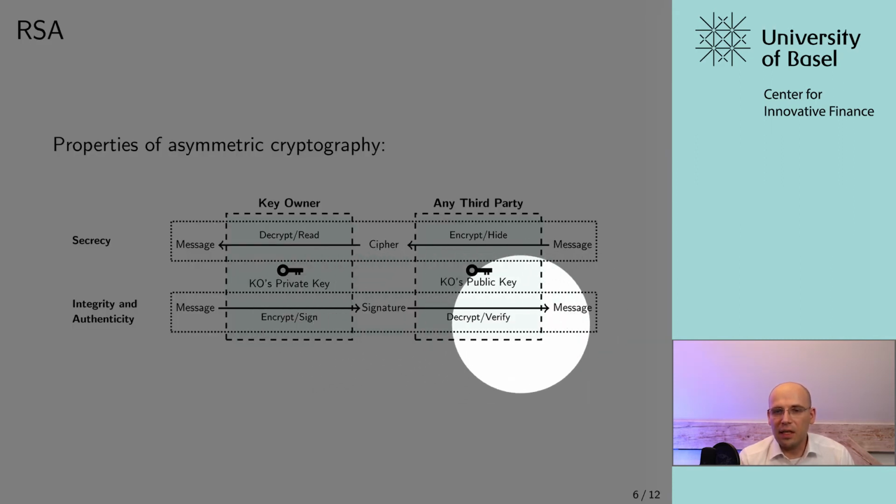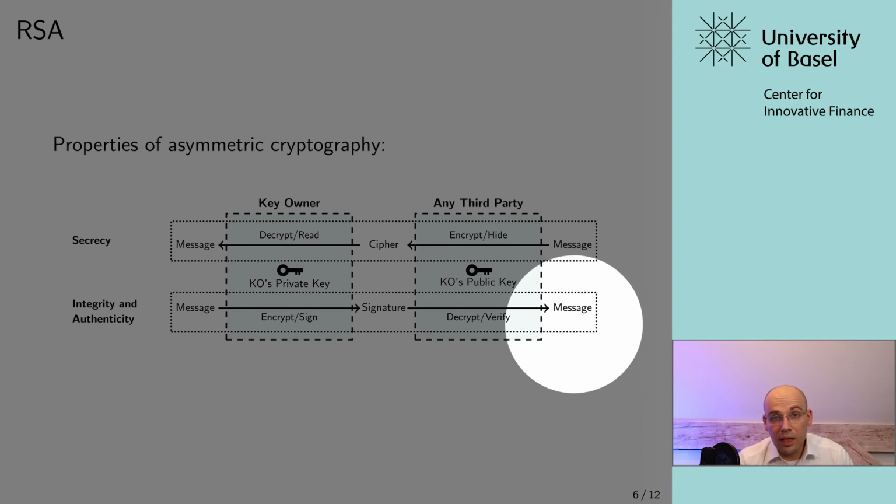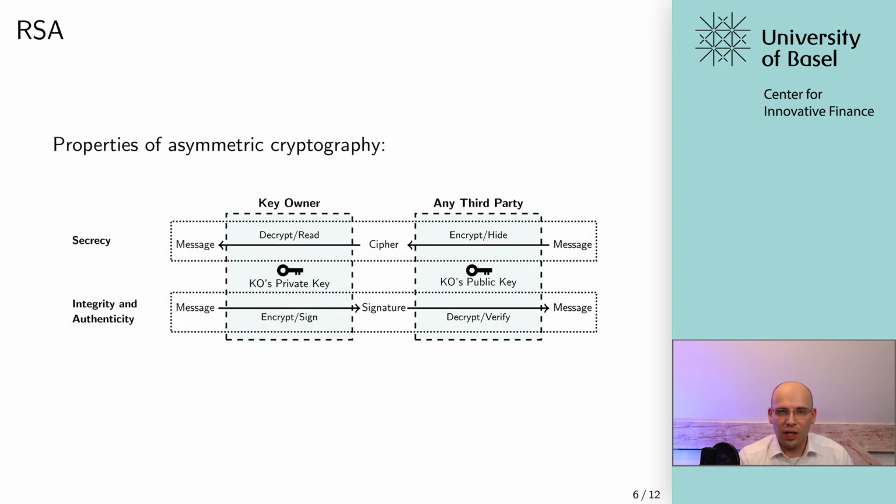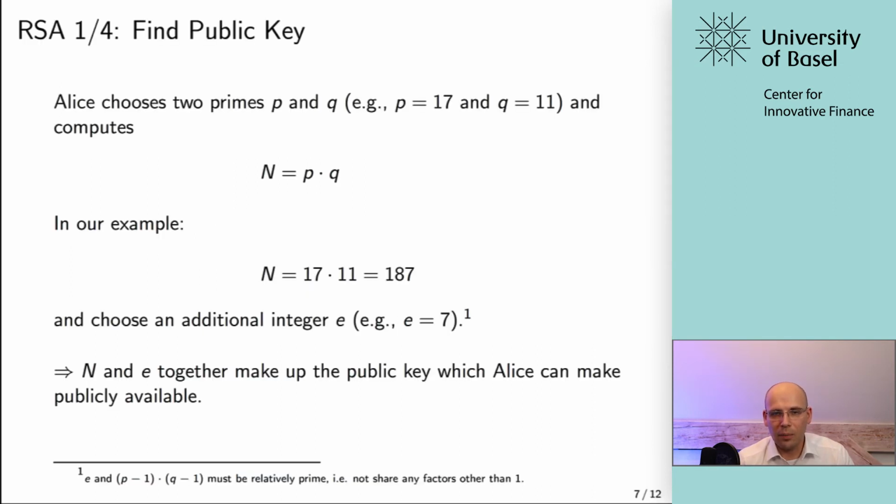Then everyone else can use your public key to decrypt that message and therefore validate whether this message originated with you and whether it is still in an unchanged state. So that's the intuition behind it. We've talked about that already, so I'm not going to spend too much time on it. Now let's go into the math.